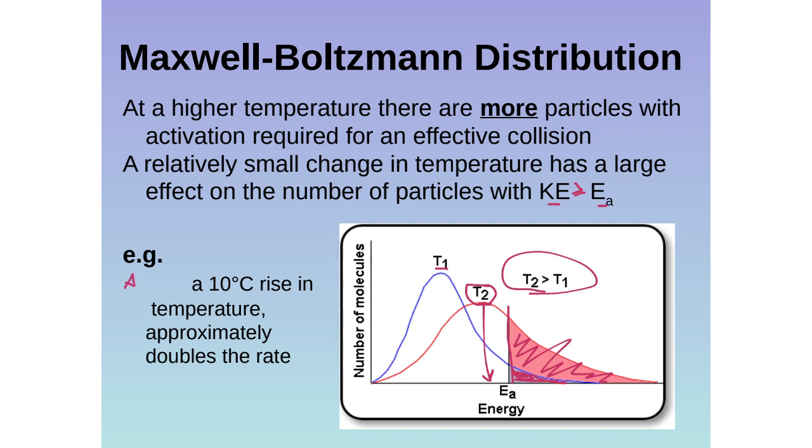An important stat to know is that a 10-degree rise in temperature approximately doubles the rate of any reaction. So temperature has a significant effect on reaction rates, and it's largely to do with this activation energy barrier. We allow it to be overcome a lot easier when the overall temperature is higher.